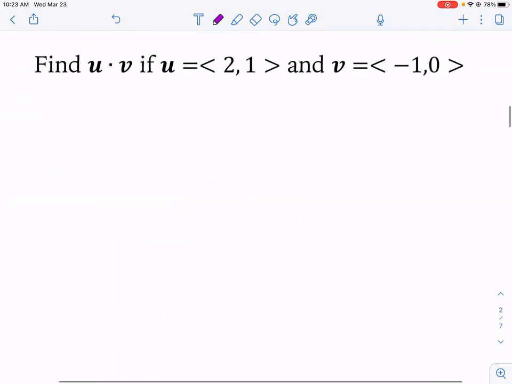Your turn. You find me this dot product. Check in with your neighbor when you have an answer. -2.